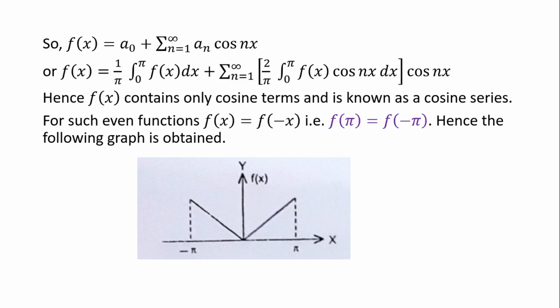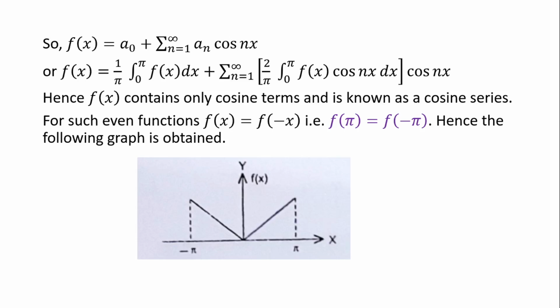Now, how to plot on a graph? While plotting on a graph, we have to remember that since it is an even function, f(-x) is equal to f(x). For example, f(pi) is equal to f(-pi).